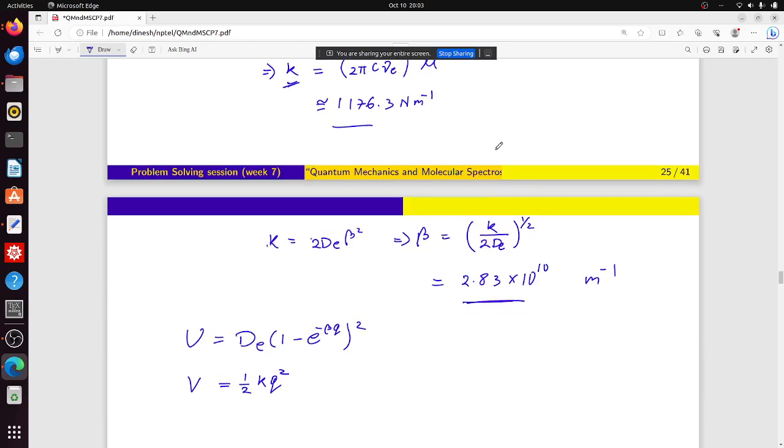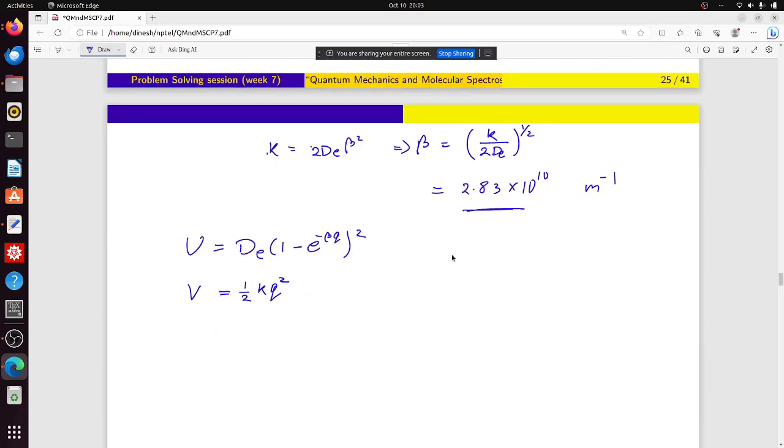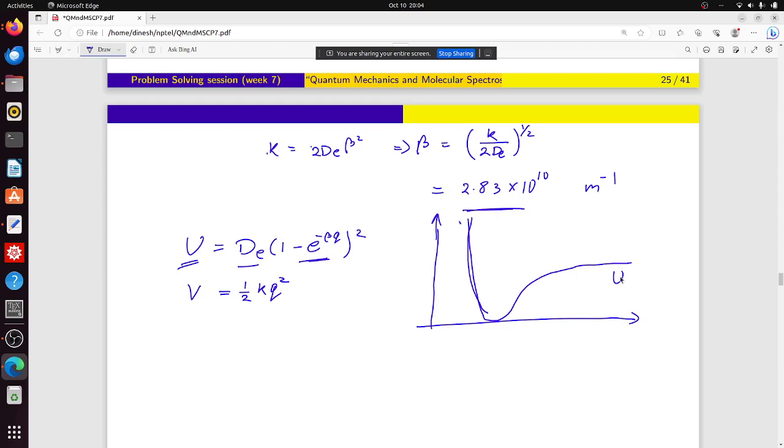I encourage you to use some software, and you have all the values already. If you plot these potentials, I am showing the nature of them. If you plot u, the potential will be steeply declining, then it will go like this. So this is u.